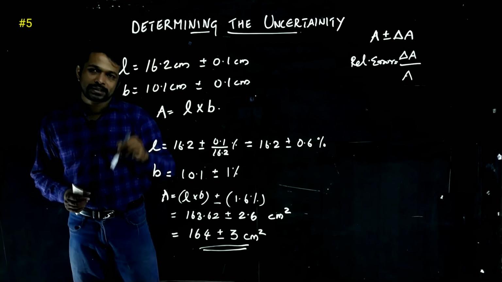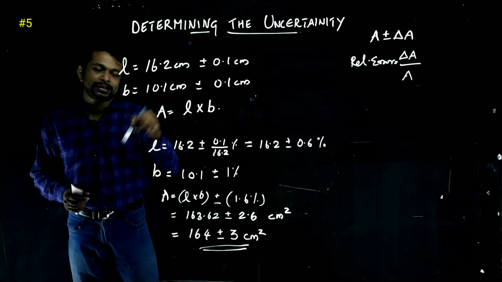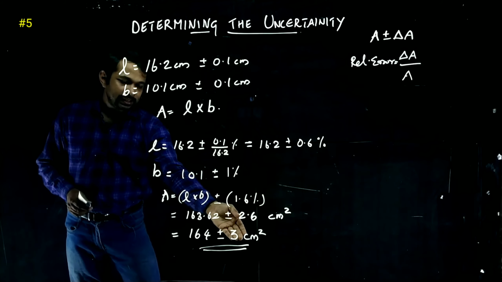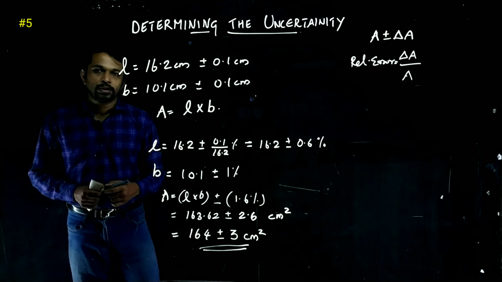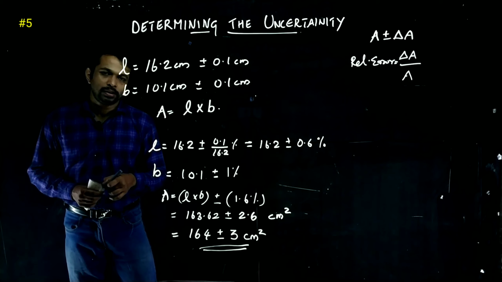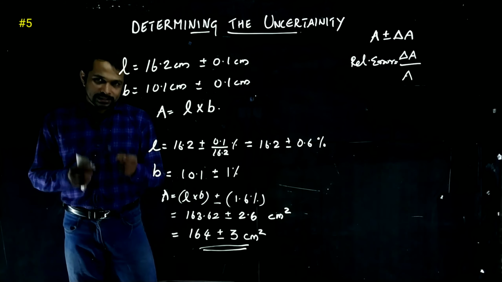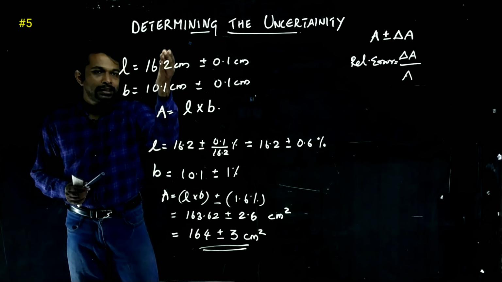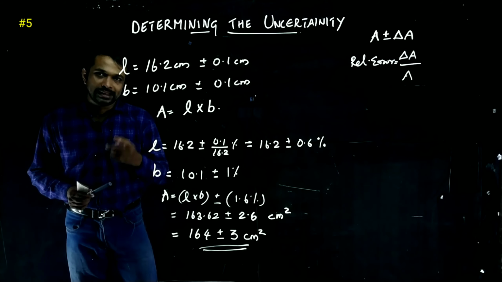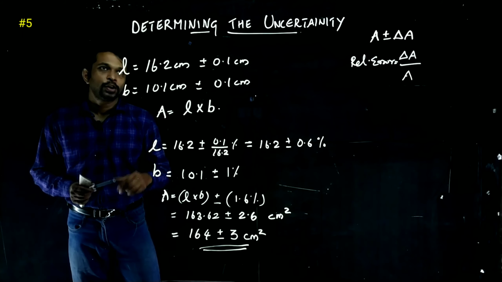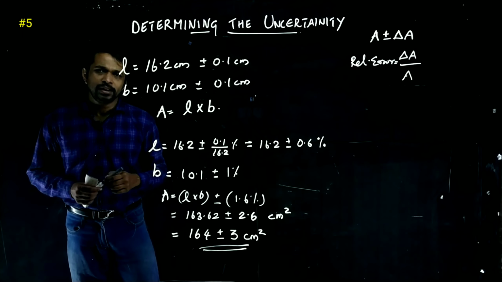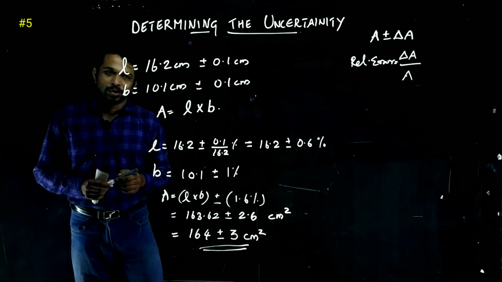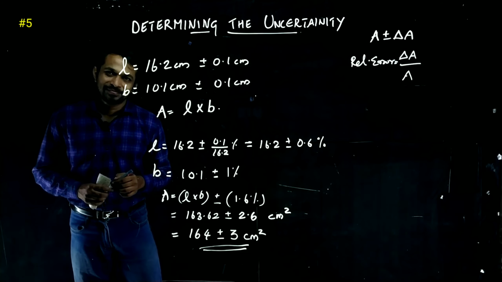At one point it is 16.2 and in the second it is 10.1. So the relative error has changed accordingly, which changed the error in the area also. Now that is the second point which you have to note. The relative error is dependent not only on the significant figures but also on these two original values, and that is the second point you have to note when you are determining the uncertainty while calculating arithmetic operations. Hope both these points are clear for you.